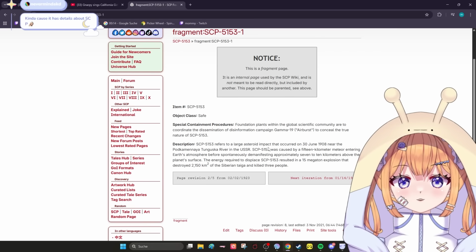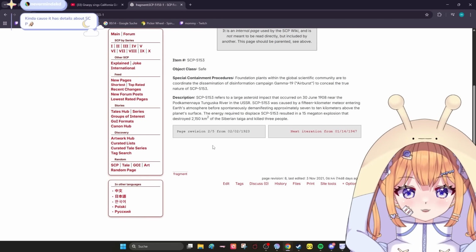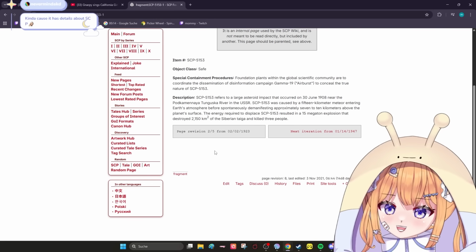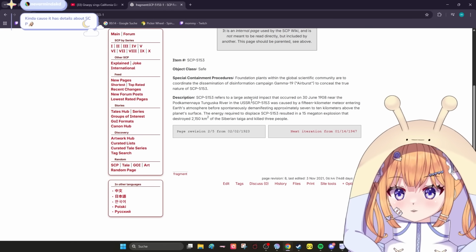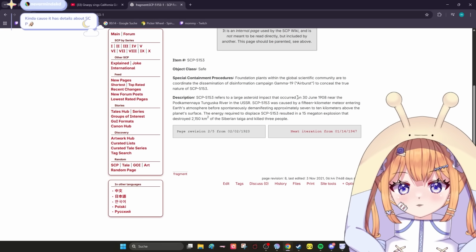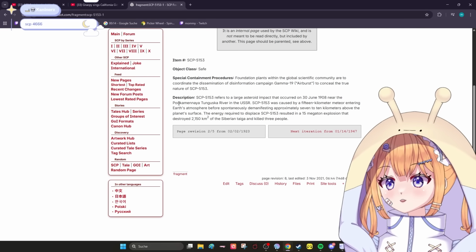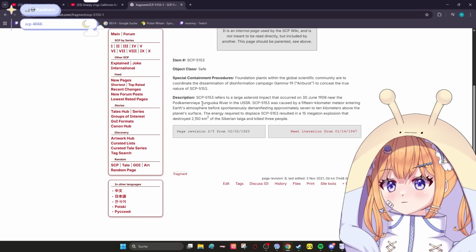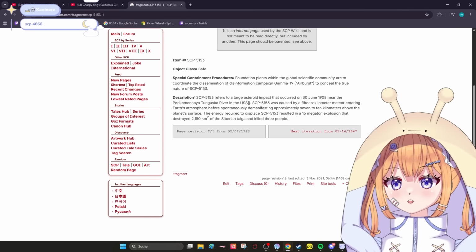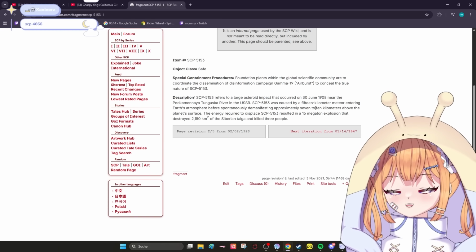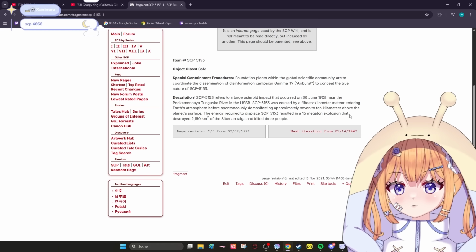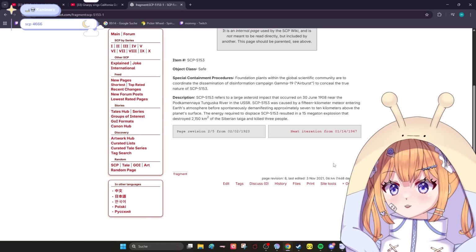Safe. But it doesn't have a picture. It refers to a large asteroid impact that occurred on 30 June 1908 in the USSR. Okay. So this is like a meteor.